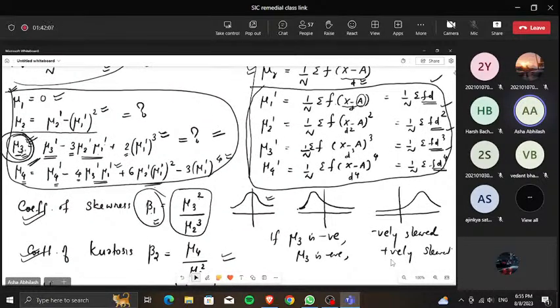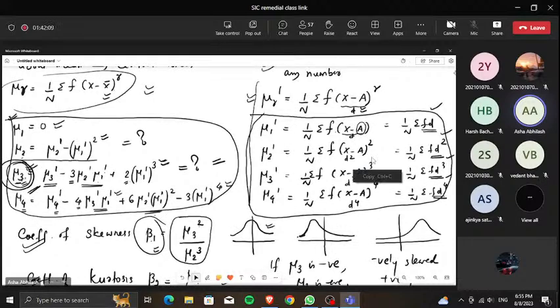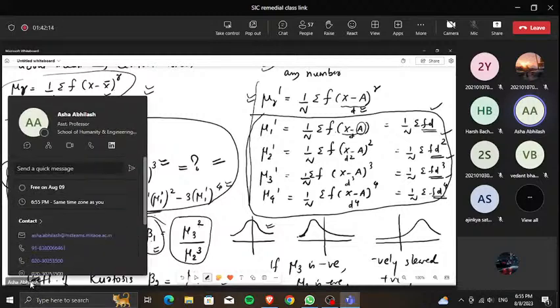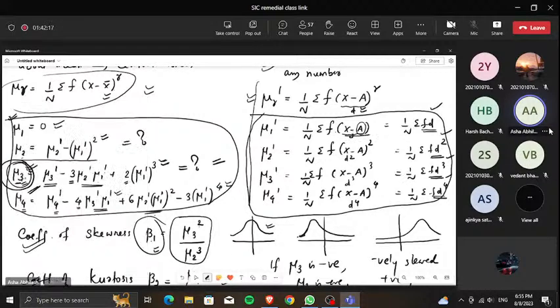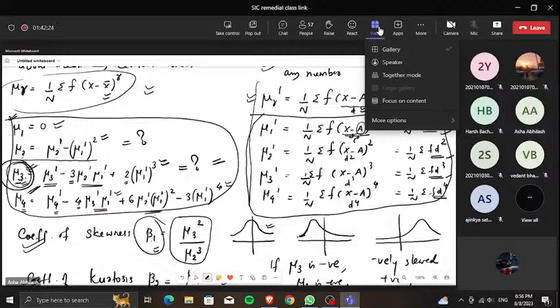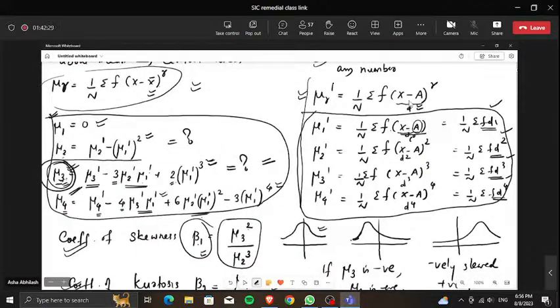Suppose you are dividing X minus A by the class interval, denoted by I, then I have to multiply by I at the end. When you are finding this value, you have to multiply it by I when you are calculating mu1 dash. Otherwise your answer will be wrong if you have not multiplied.